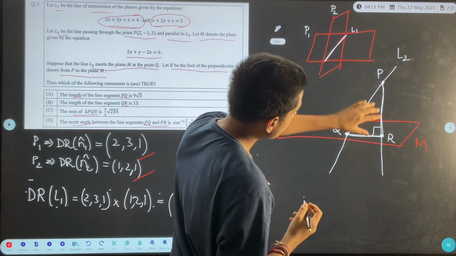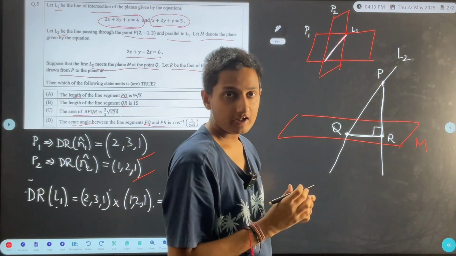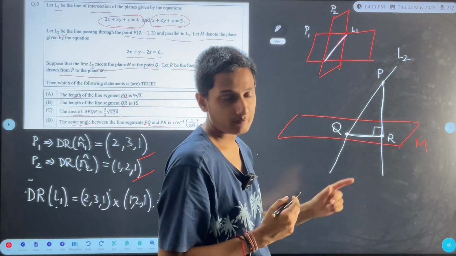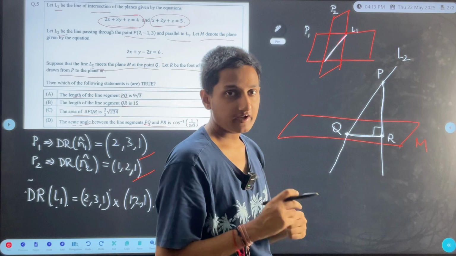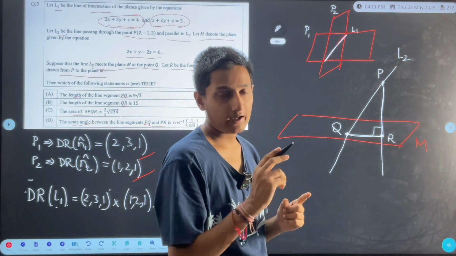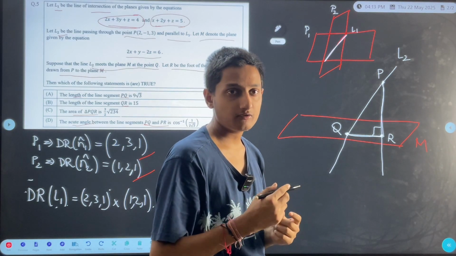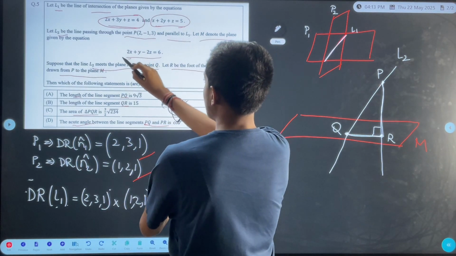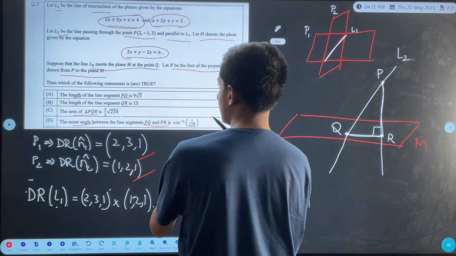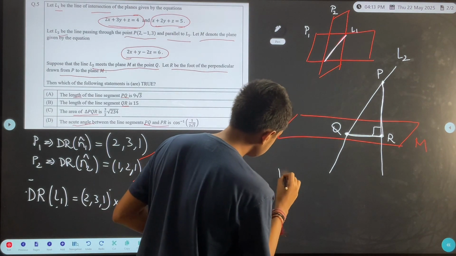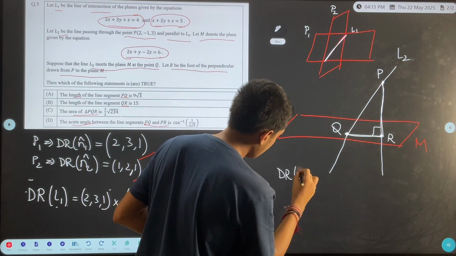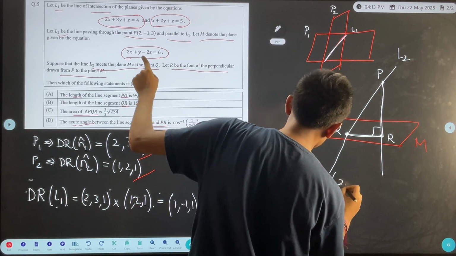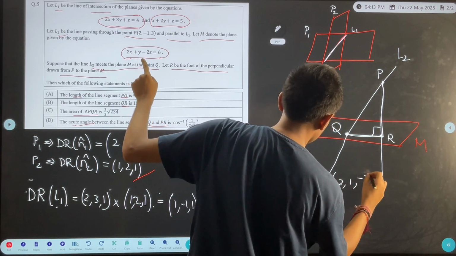We can see that the line PR is perpendicular to the plane, as R is the foot of perpendicular from P to the plane. Therefore, the direction of PR will be the same as the normal to the plane. Again, we know the plane M is given by 2x plus y minus 2z equal to 6. Hence, the direction ratio of PR will be 2, 1, minus 2.